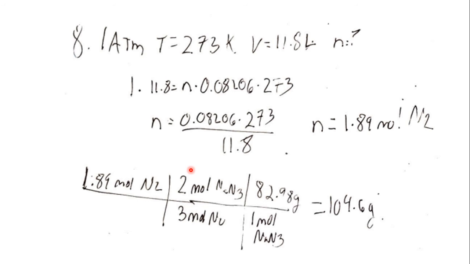Then we can look on the periodic table and see that 1 mole of NaN3 is 82.98 grams, which means the total weight of the NaN3 you need to inflate your airbag is 104.6 grams. So not that much, but that's how much sodium azide you need in your car.